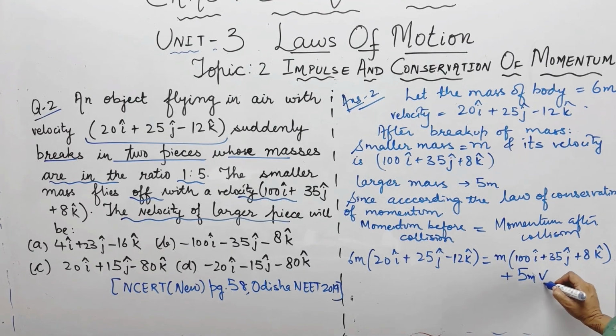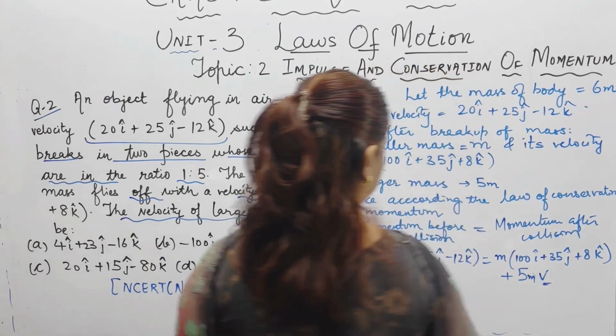We need to find out this v, that is being multiplied by the larger mass 5m.